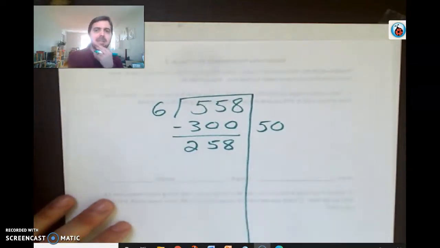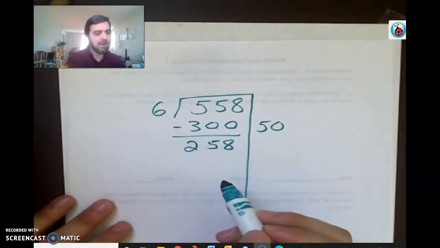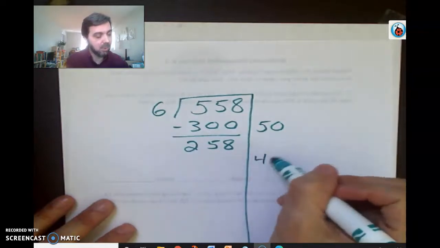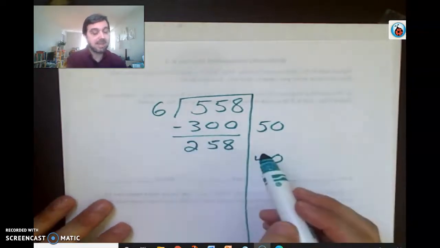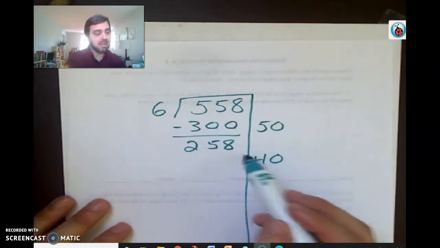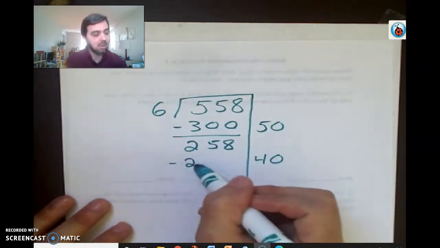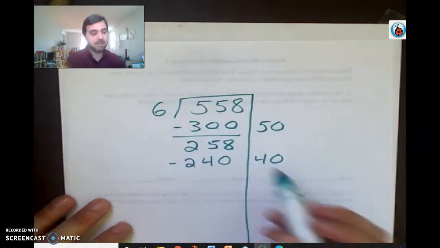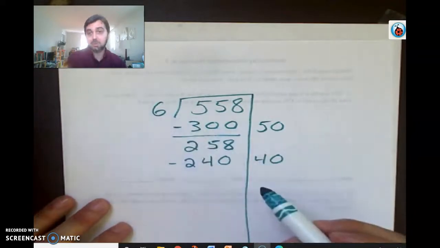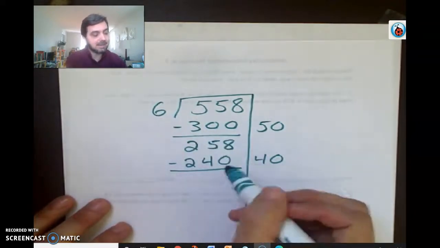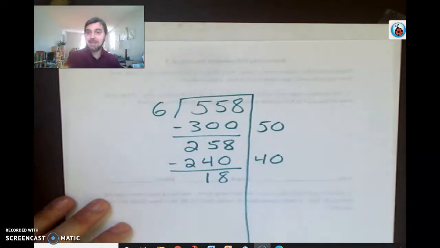So let's see, I couldn't give away 50 again because I don't have enough. But could I do 40? Let's check out 40. If I gave each friend 40 Skittles, I've given away a total of 240 because 6 times 40 is 240. Now we're getting somewhere. Now I only have 18 left.